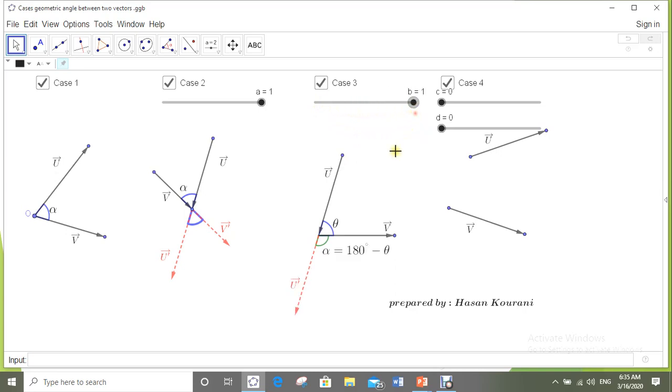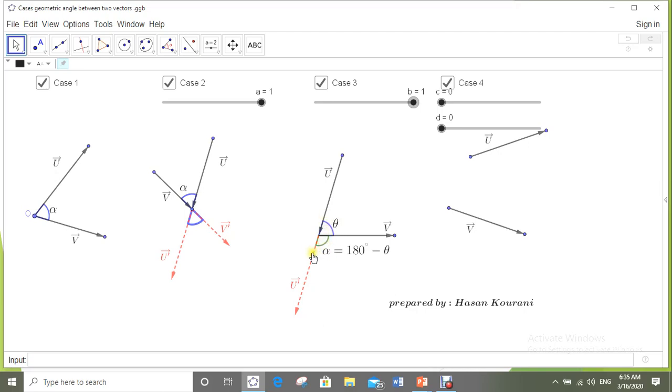If we slide vector u and put its origin at the origin of v to get the needed angle, so this is the true geometric angle between u prime and v, which is in fact, let's call it alpha, but we are given theta.